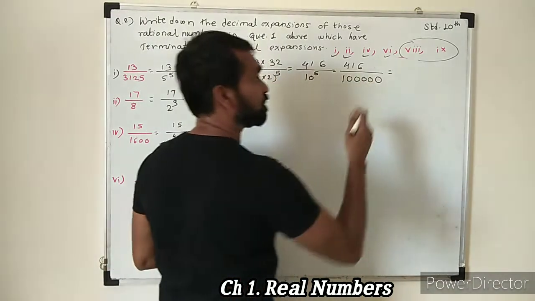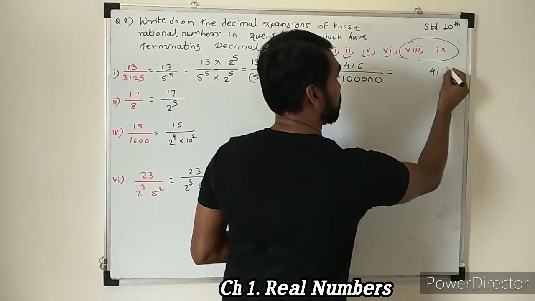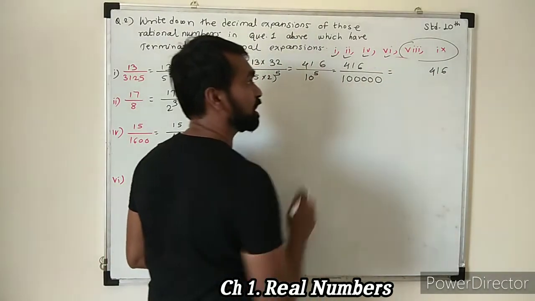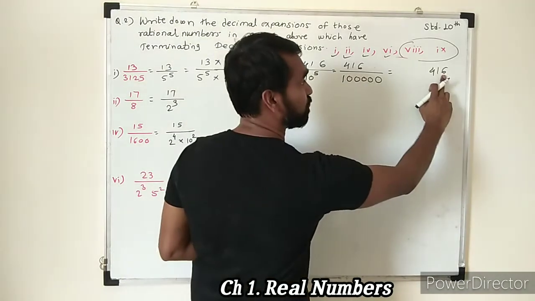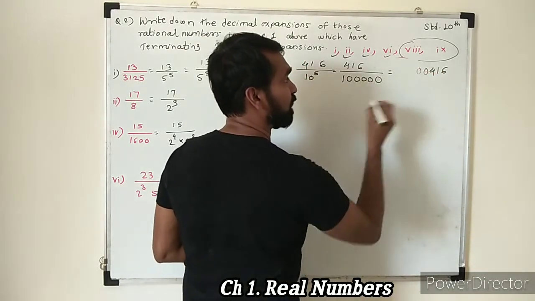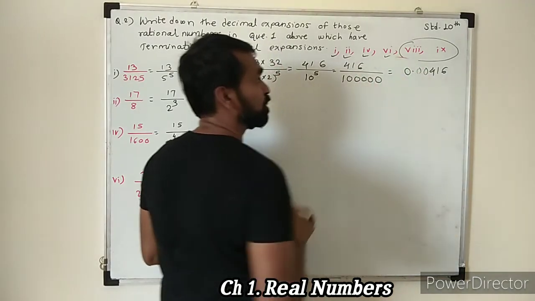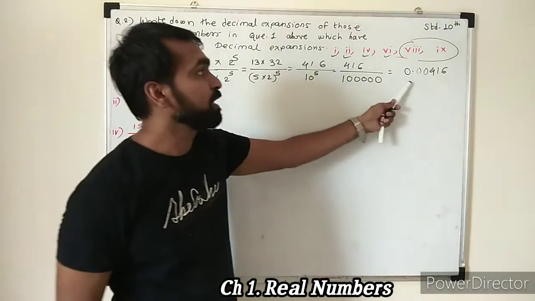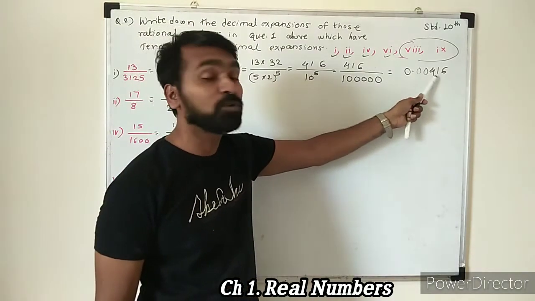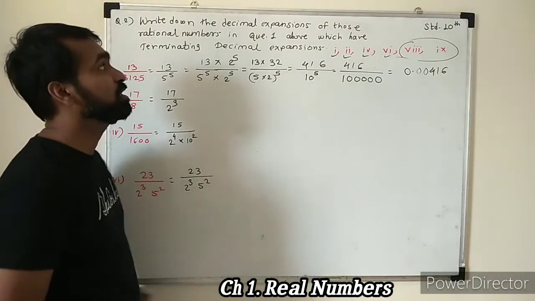Then after it, convert it into decimal. So here first you write 416. Next, how many zeros are there? 5. So count here, 1, 2, 3, then 4 and then 5, and then after here a point and then 0. So the answer is 0.00416. This way it converts into decimal form.